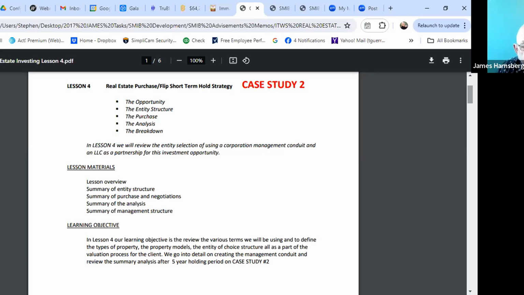Then we're going to go into some detail on creating that management conduit so that you can see that there's a reason why we have that for a partnership, because the LLC can disproportionately allocate the profits and losses. In other words, the corporation could be a 10% member of the LLC, but get 90% of the profits and losses. And that's the uniqueness of a feature of the LLC, the disproportionality rules.